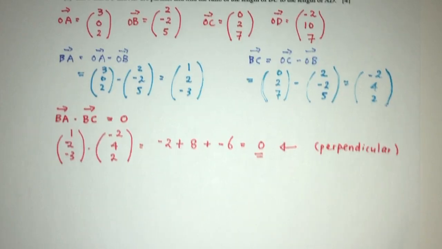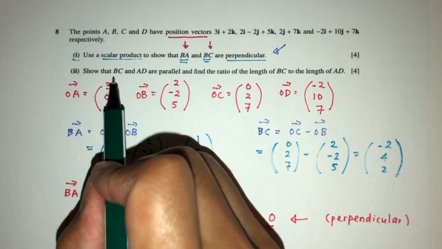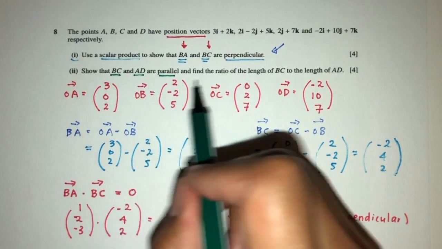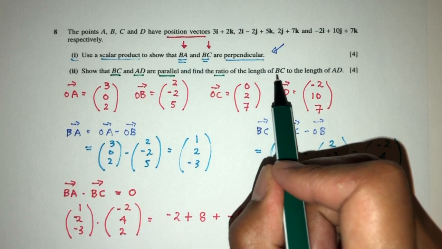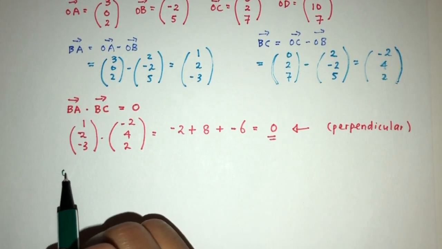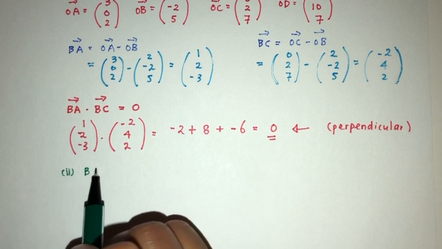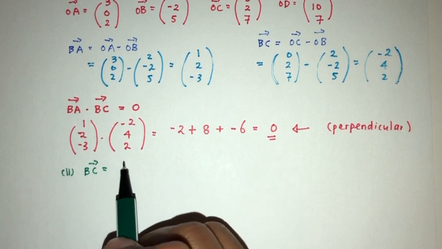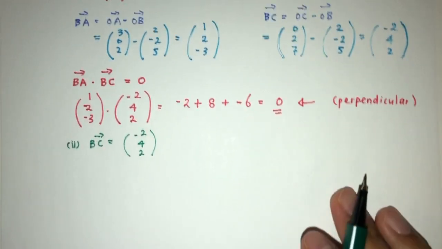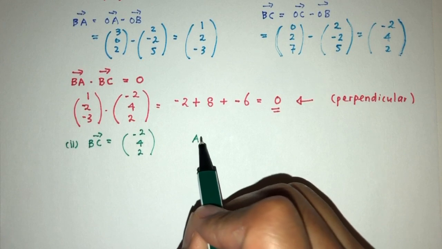Move on to part 2 of the question. We have to show BC and AD are in the same direction, or parallel, and find the ratio of the length of BC and the length of AD. We know BC was found to be minus 2, 4, and 2. Now let's find the direction of AD.